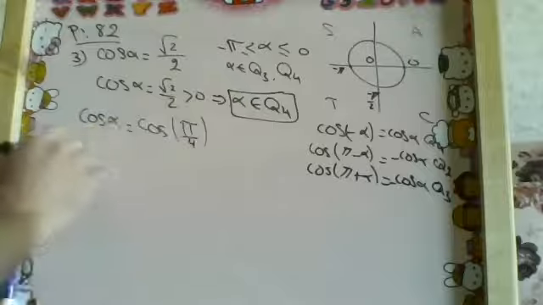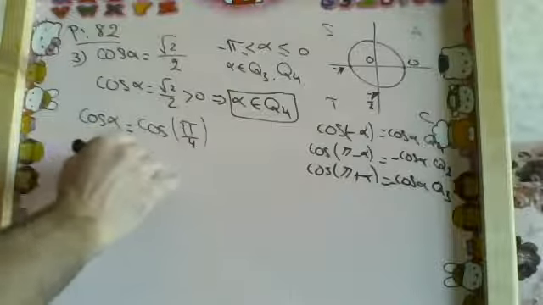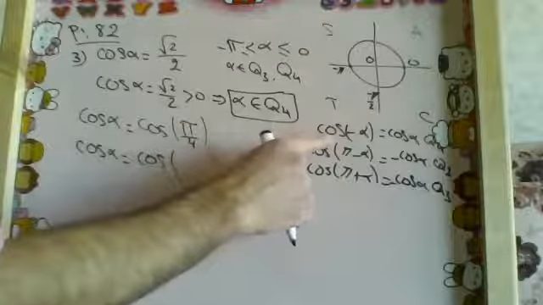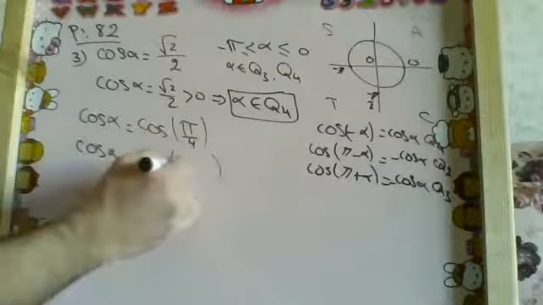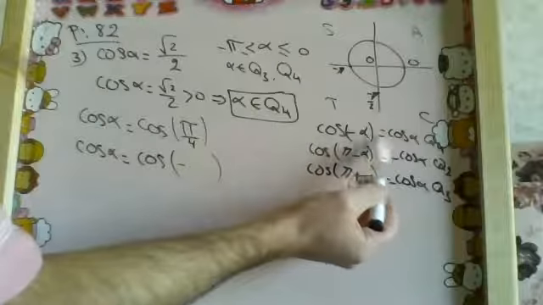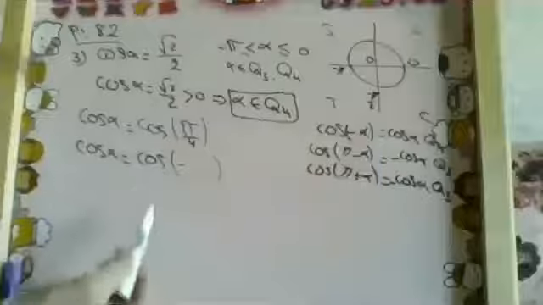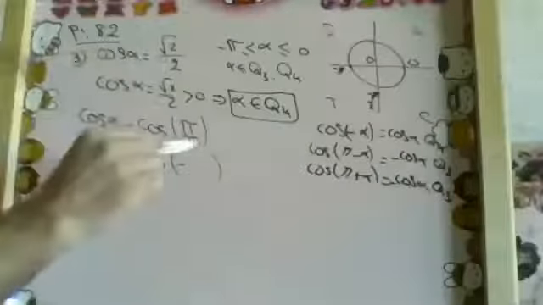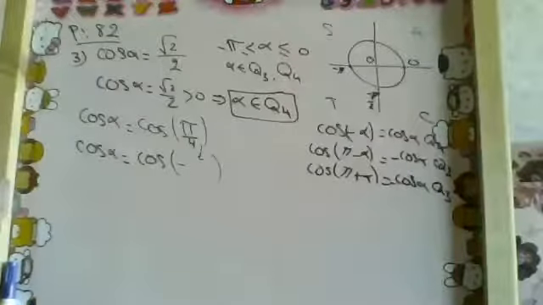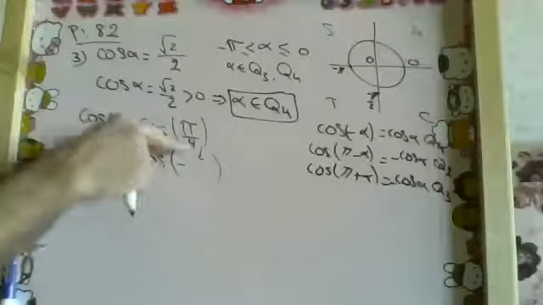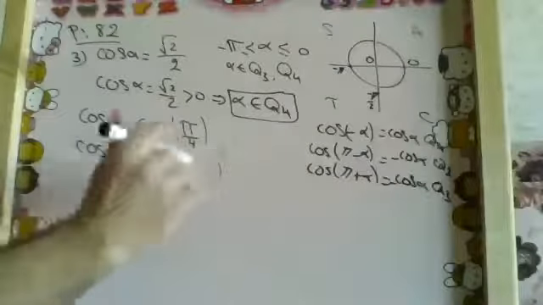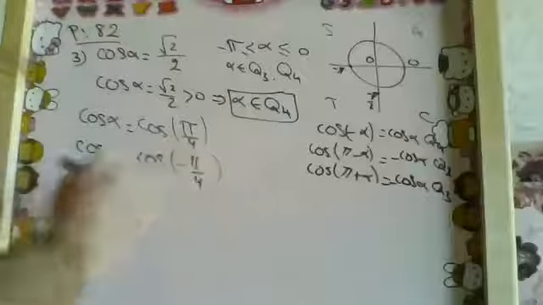Now cosine alpha is equal to cosine, apply this rule. The angle is the one that changes. So minus alpha, where alpha is pi over 4, giving minus pi over 4. Cosine of negative pi over 4.